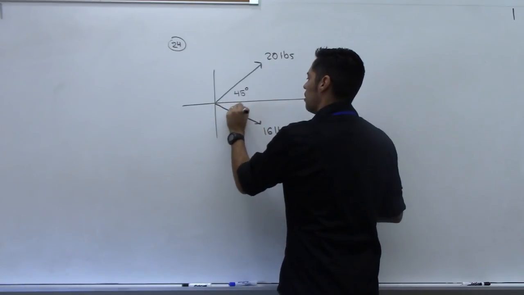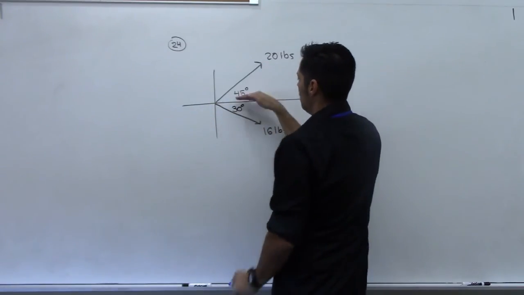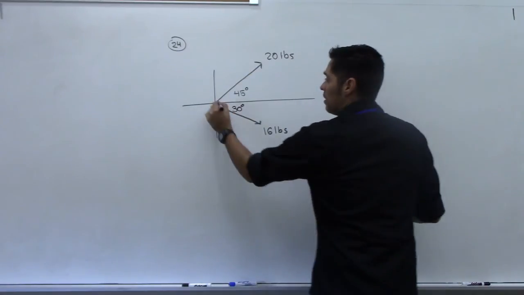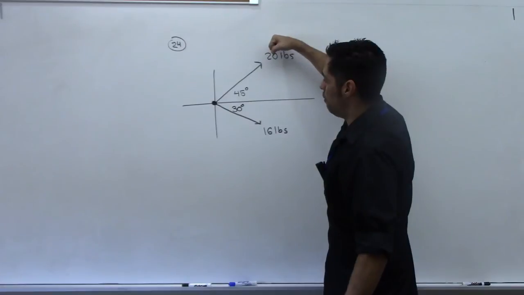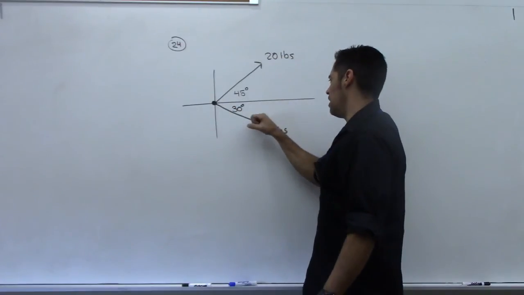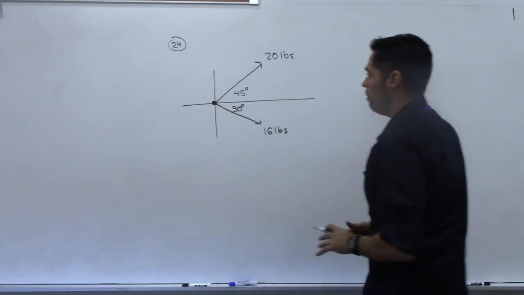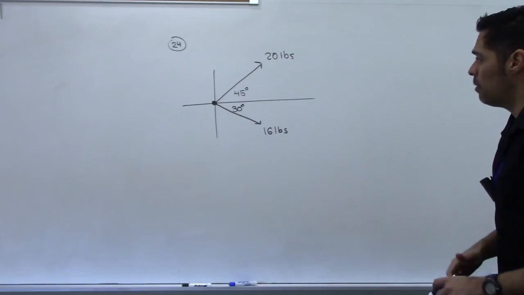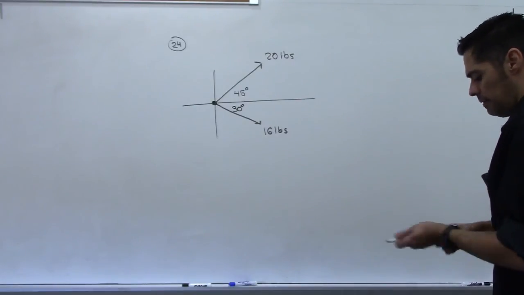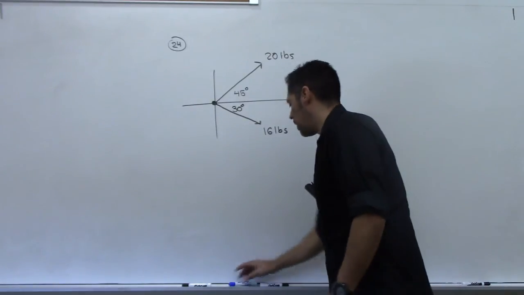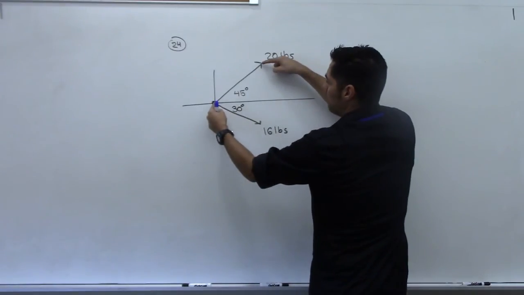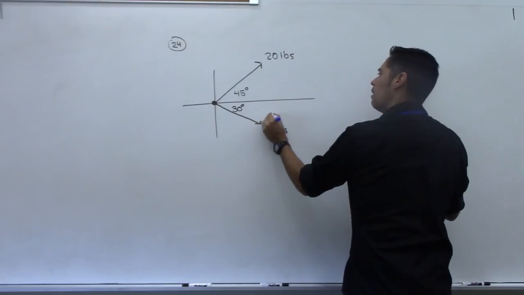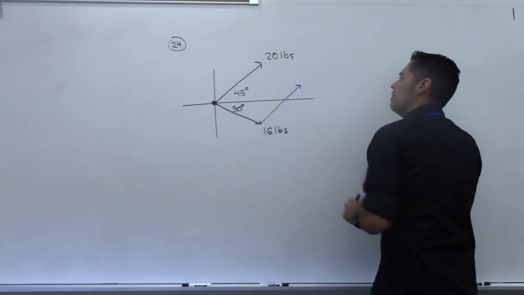This one is 30 degrees between here and here. This one's 45 degrees. So it's like if you were pulling on a point, 20 pounds of force this way at 45 degrees and 16 pounds of force at 30 degrees, what would the result be? So we want to find the resultant vector. We could use the parallelogram law to draw it. If we take this vector and slide it down, it should be something like that.